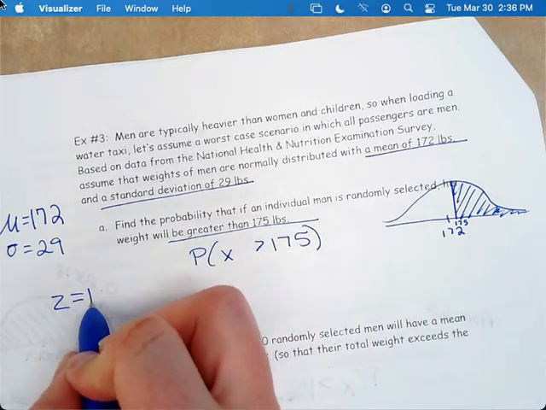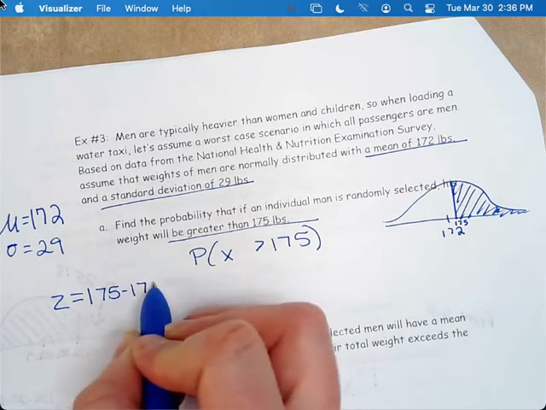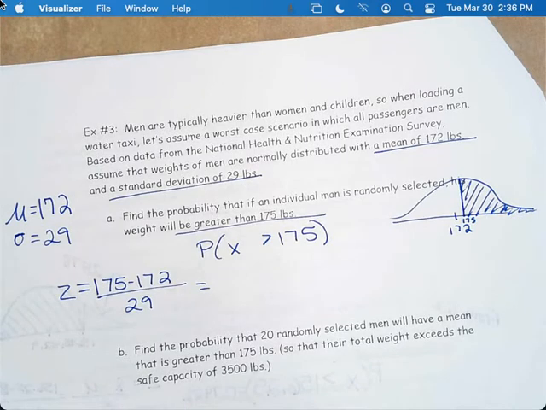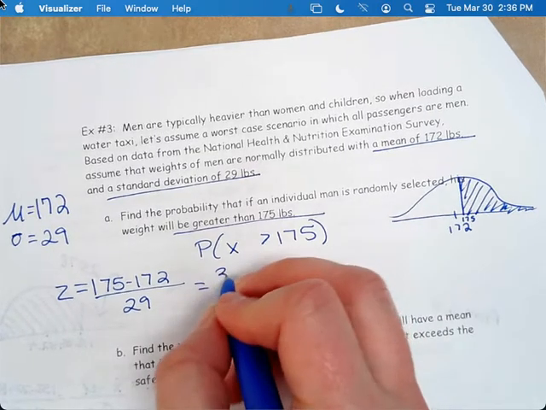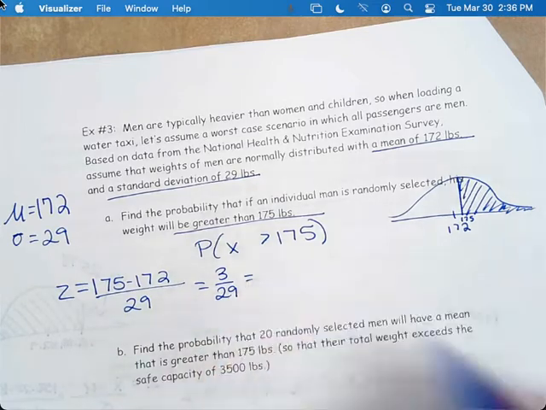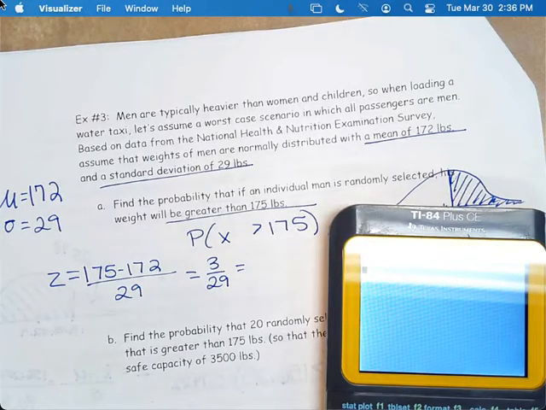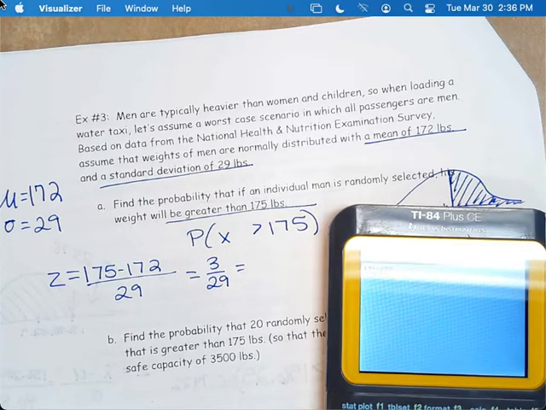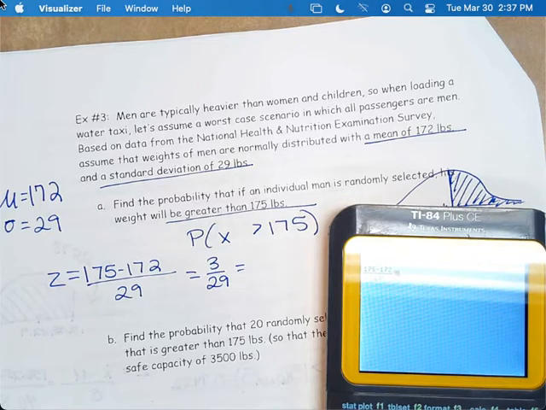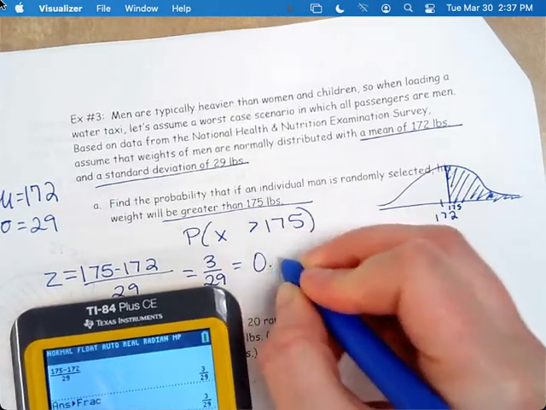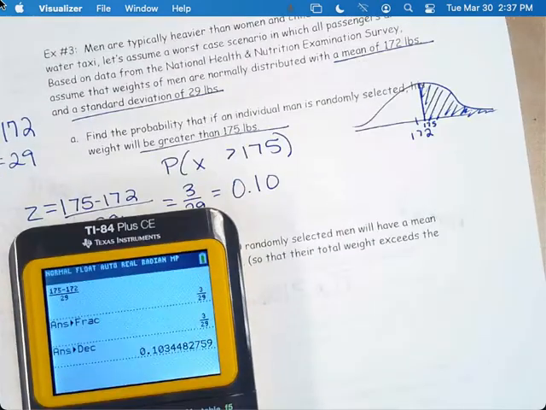So we're going to subtract our mean from what we're looking at, the 175, divided by our standard deviation. Our z-score is about 0.1.